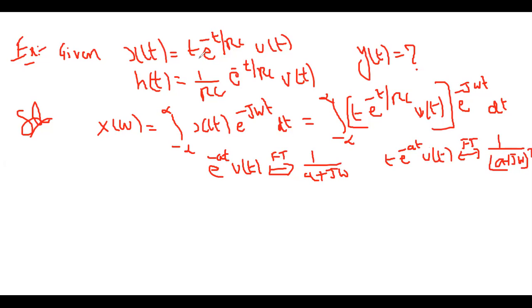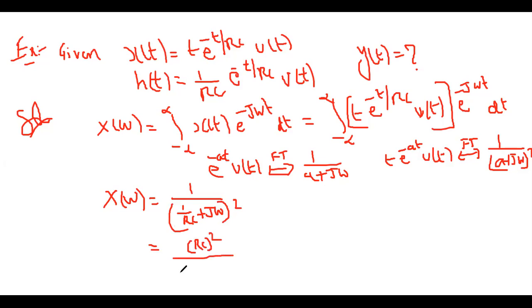Use these two equations for x(t). X(omega): instead of a, 1/RC is there, so 1/(1/RC + j omega), and since it is multiplied with t, take the square of that function. Taking the LCM, X(omega) = RC squared divided by (1 + j omega RC) whole squared. As X(omega) we got.